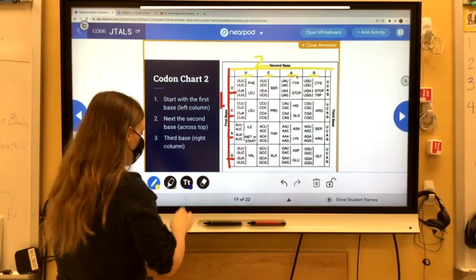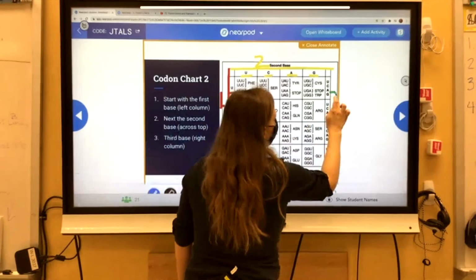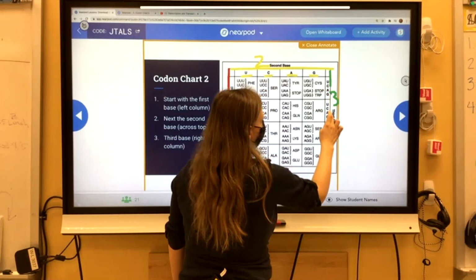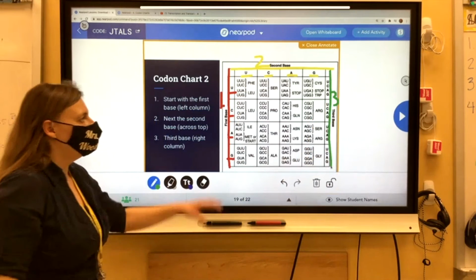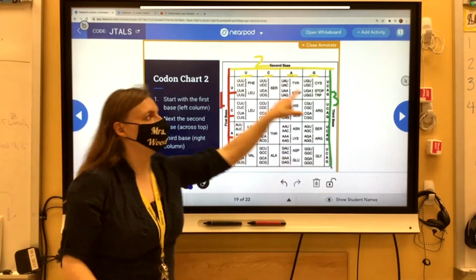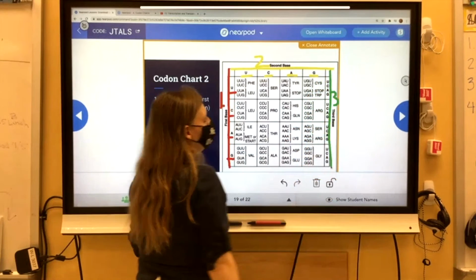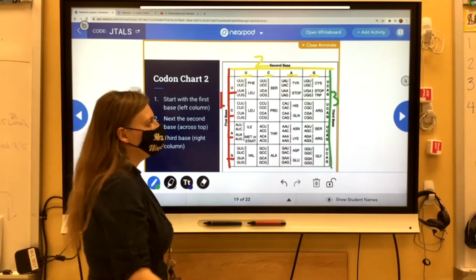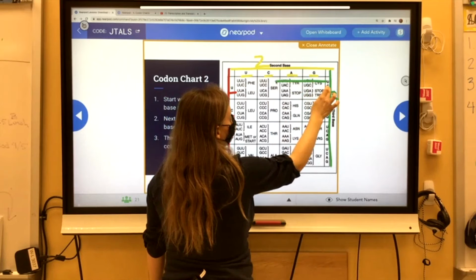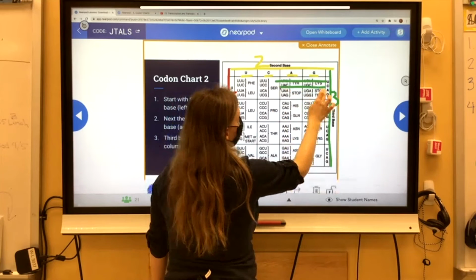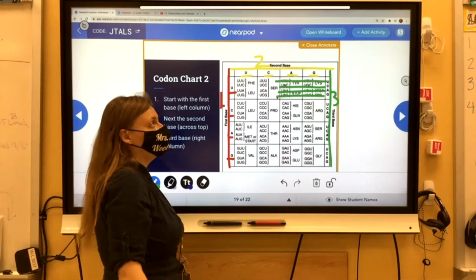All right. Base number 3 is going to help me figure out exactly which answer that is. And so you can see the third base box doesn't only have one letter, right? There's like 4 possible different ones. And that is going to line up with a specific answer that you would find in that box.